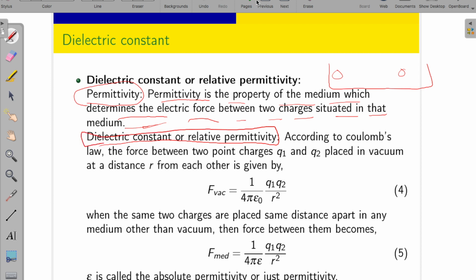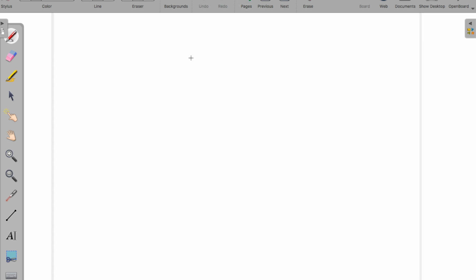Let's give a look how we calculate it. We considered here two charges placed in vacuum at a distance r. The charges are Q1 and Q2.